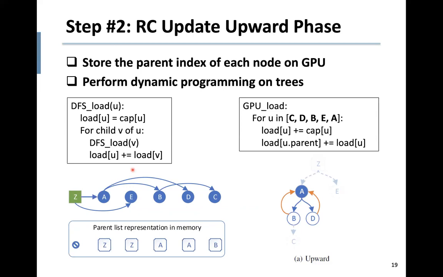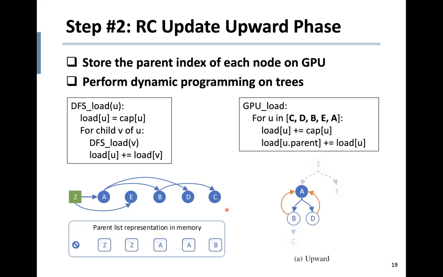For example, here I have an RC tree of 6 nodes and 5 edges: Z, A, E, B, D, C. For a tree structure, the number of edges is one smaller than the number of nodes. We flatten this RC tree to a linear array of this order, Z, A, E, B, D, C, such that the parent of each node appears before its children.